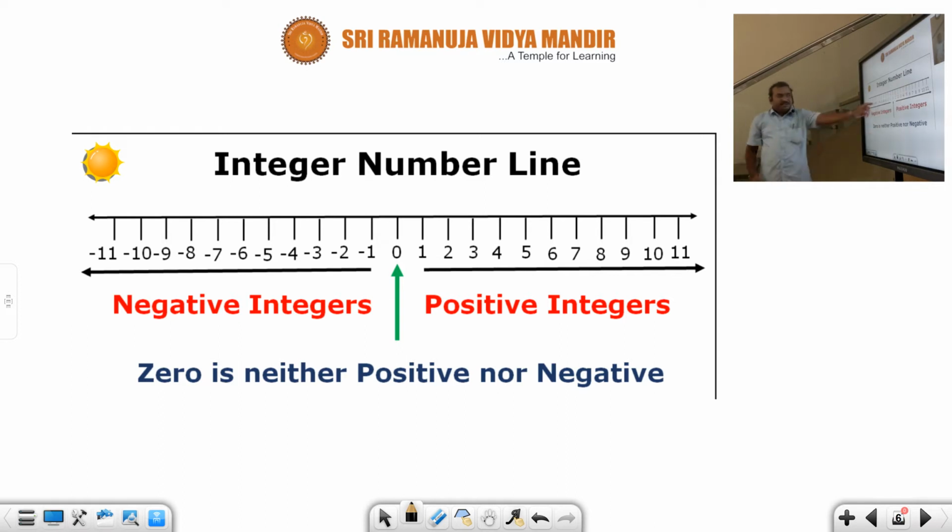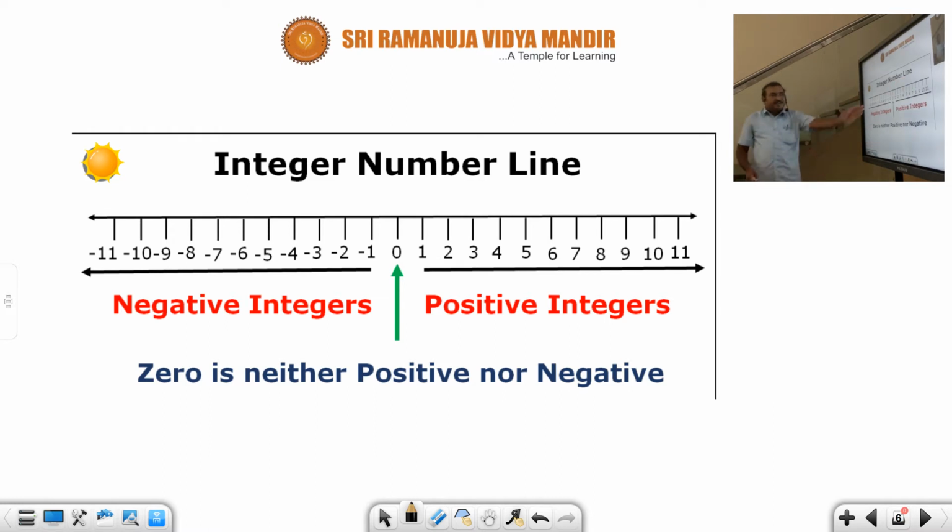In that, 0 is located like this, and positive numbers are located towards the right-hand side. So this is 1, 2, 3, 4, 5, 6, 7, 8, 9, 10, 11. So positive numbers are located like this.